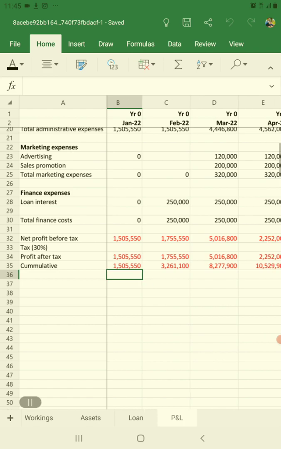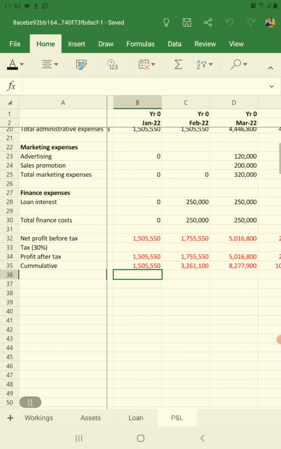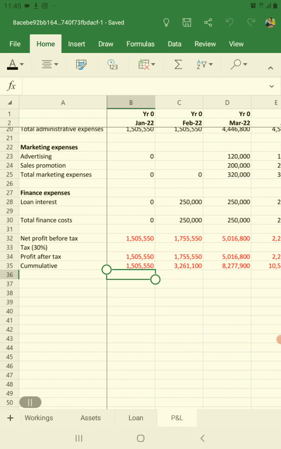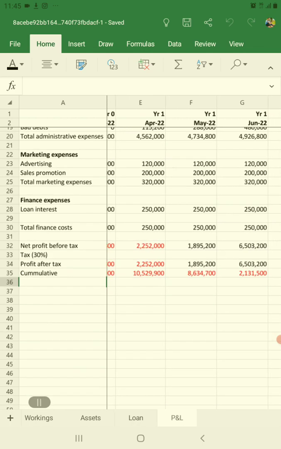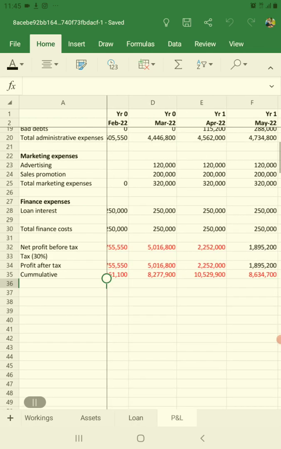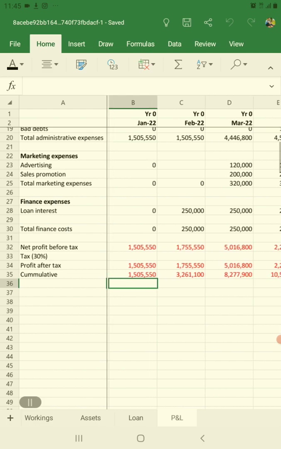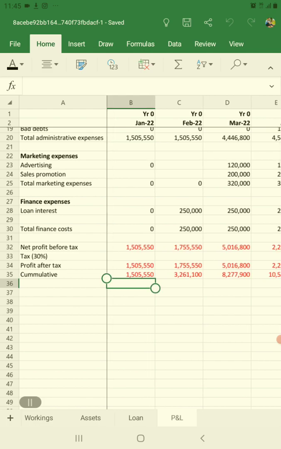But when you have a net loss, you don't pay tax, and when you start to have net profit, you will have to cover all the accumulated losses before starting to pay tax. So they need to be deducted first.